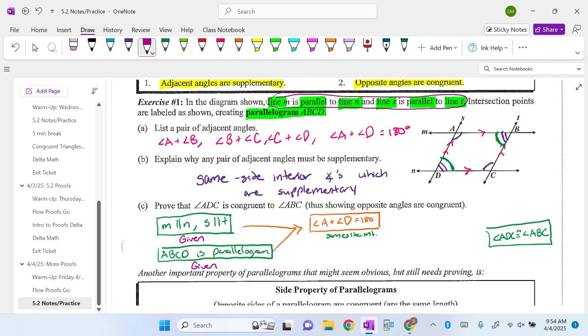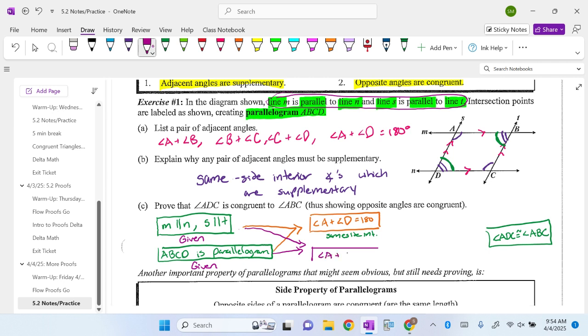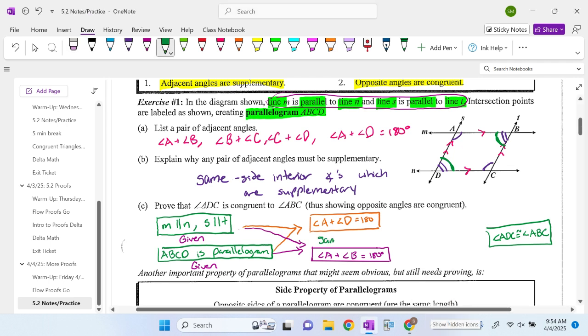We can then say, using the exact same given statements, that angle A plus angle B is equal to 180 degrees, again because of same side interior. So I'm just going to leave this reason in the middle between the two because they're the exact same reason. Same side interior.